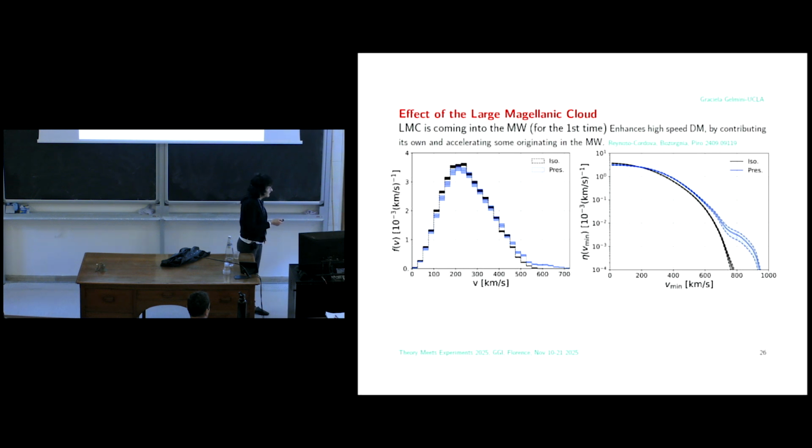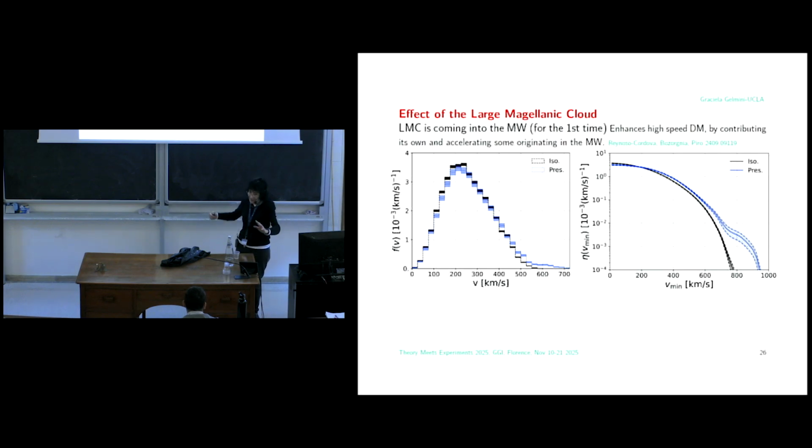Something else that is very important is the Large Magellanic Cloud that I also showed you. It is one of the two Magellanic Clouds, those satellite galaxies that you can observe by eye. This is a galaxy that is entering the Milky Way for the first time. It never went around before.